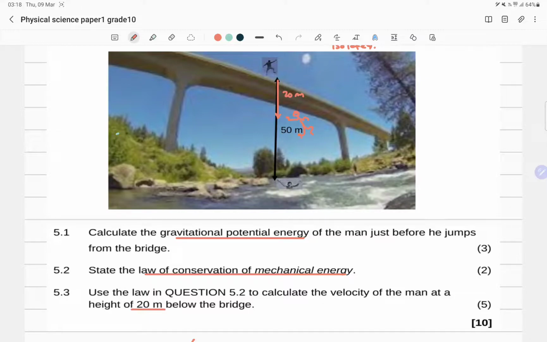He's doing his thing there. Now we want to know if he has only moved 20 meters, then it means he is how much from the water? He is basically 30. He is 30 meters from the water. So that is what we need to think about.